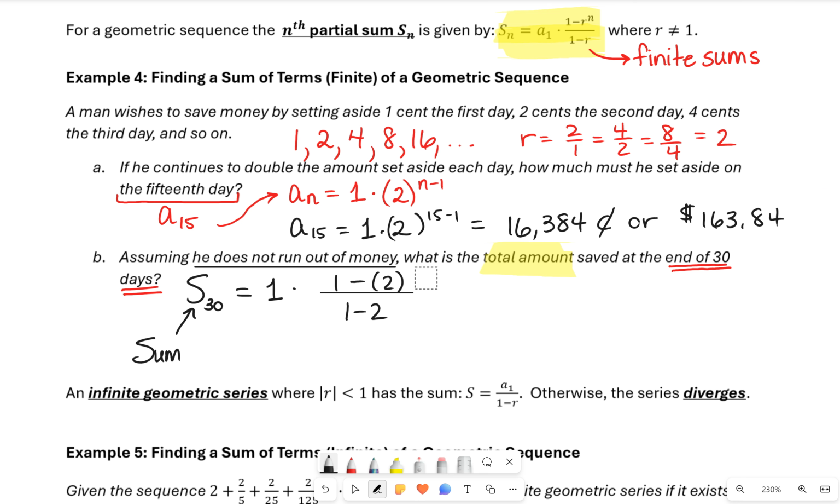Oh, my n is 30, my bad. Type that out into the calculator.